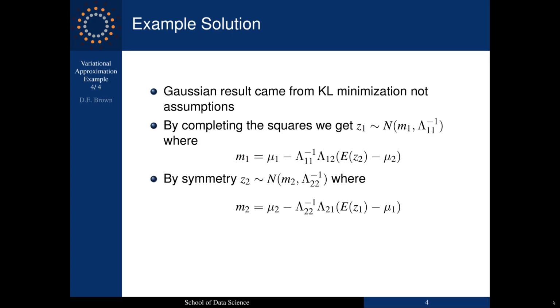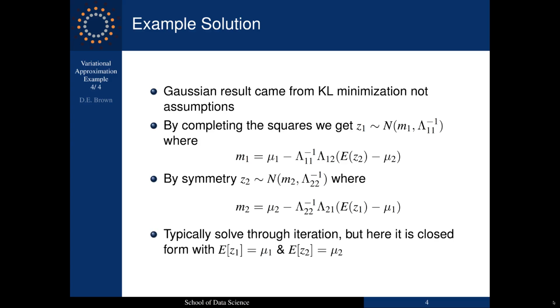And by symmetry, z2 is also Gaussian, as we said, with basically the same form. So the result then came directly from this minimization and not from any other assumptions that we made about the inferential problem. And we typically solve this through iteration, but here we solved it very quickly as a closed form.